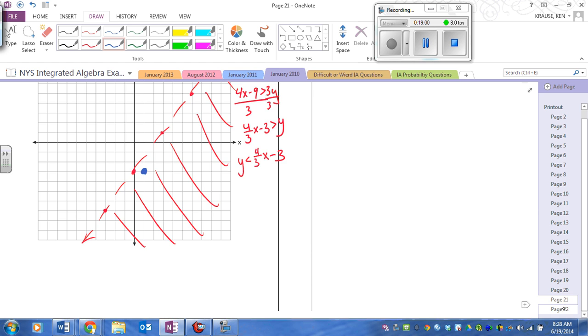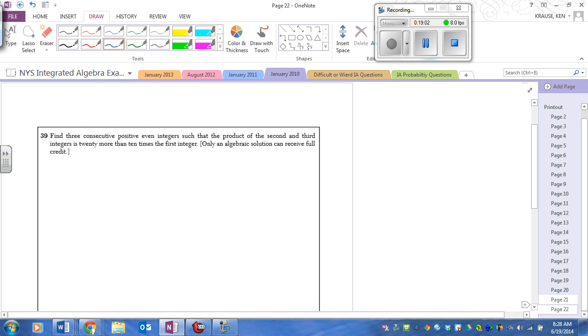Alright, I think we're on the last problem here, kids. Find 3 consecutive positive even integers. Let x equal the first consecutive positive even integer.